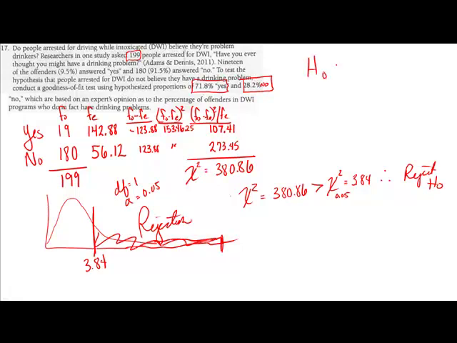Now, our null hypothesis was that what we observed is what we would expect. Our alternative hypothesis is that there's a difference between what we observed and what we expect.